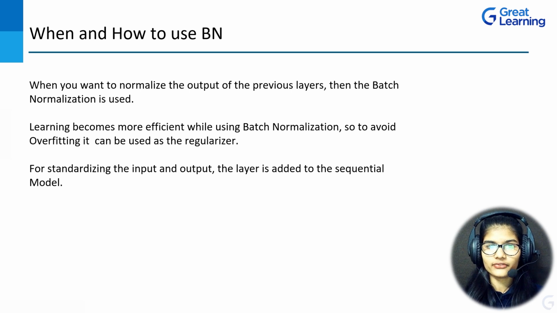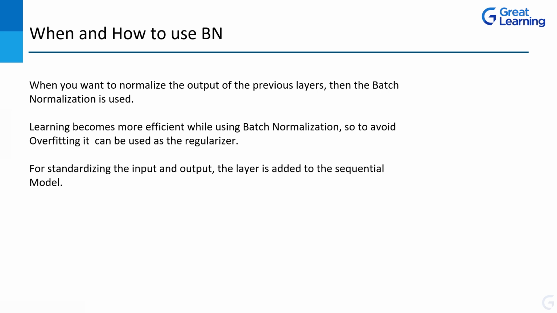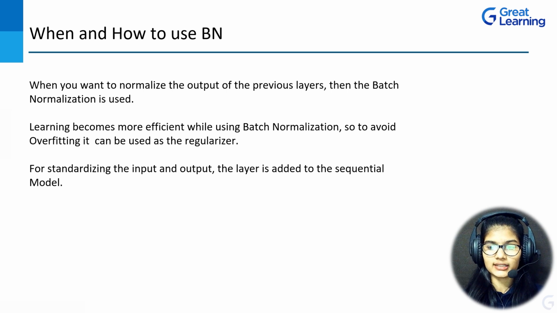First of all, when is batch normalization used? Whenever you want the outputs of the previous layer to be normalized, batch normalization is used. With batch normalization, we make our neural networks more stable and faster, right?